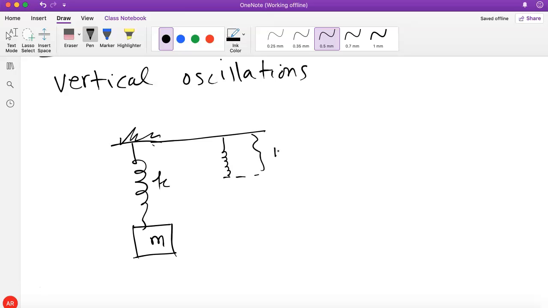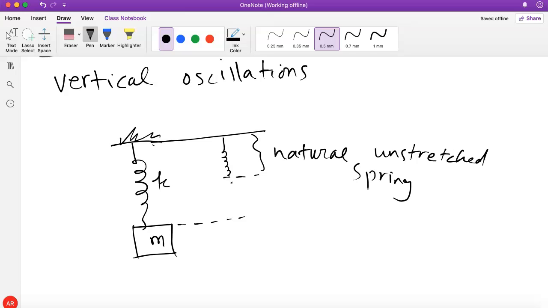So let's say this is the natural unstretched spring, and here is the equilibrium position. Let's say it's stretched by some length L, and it's hanging in equilibrium.